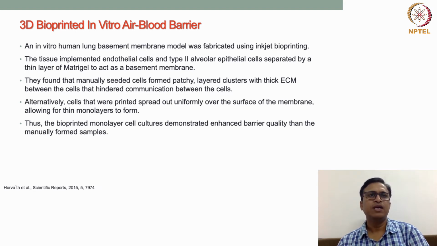Matrigel is an extracellular matrix material that has all the extracellular matrix components present in a particular tissue. That's why they used Matrigel to generate the basement membrane that is present between the alveolar and the blood. In the lung tissue, there is always a membrane present in between these two tissues.